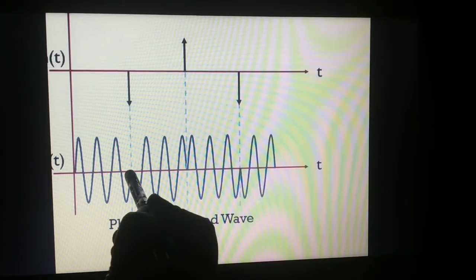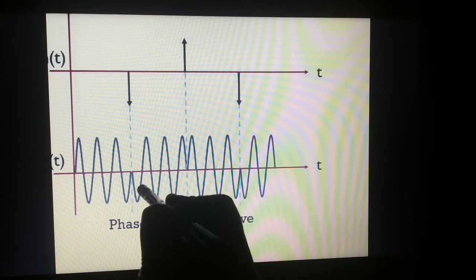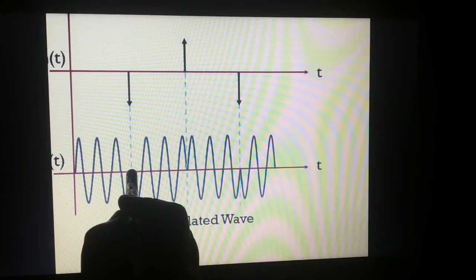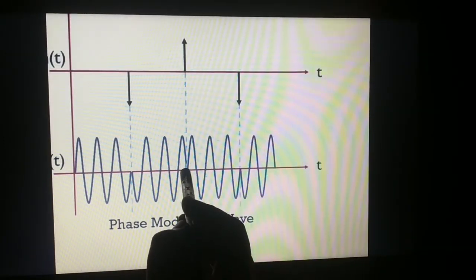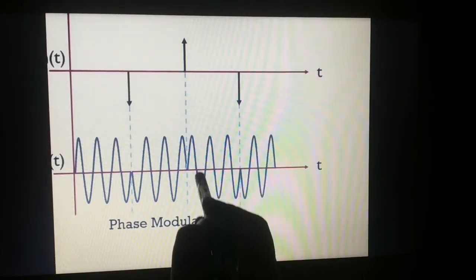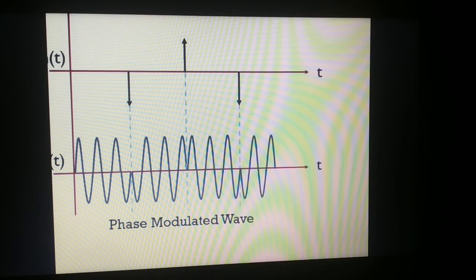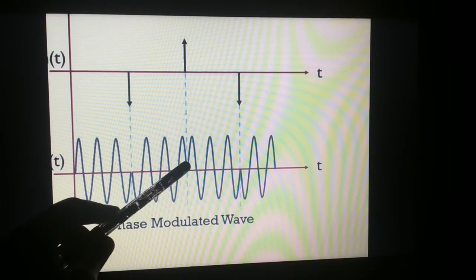So instead of going up, the waveform comes down like this, isn't it? So phase reversal takes place here. Again, at the end of this negative half cycle, the waveform comes like this. For each half cycle, the waveform takes a phase reversal, isn't it?